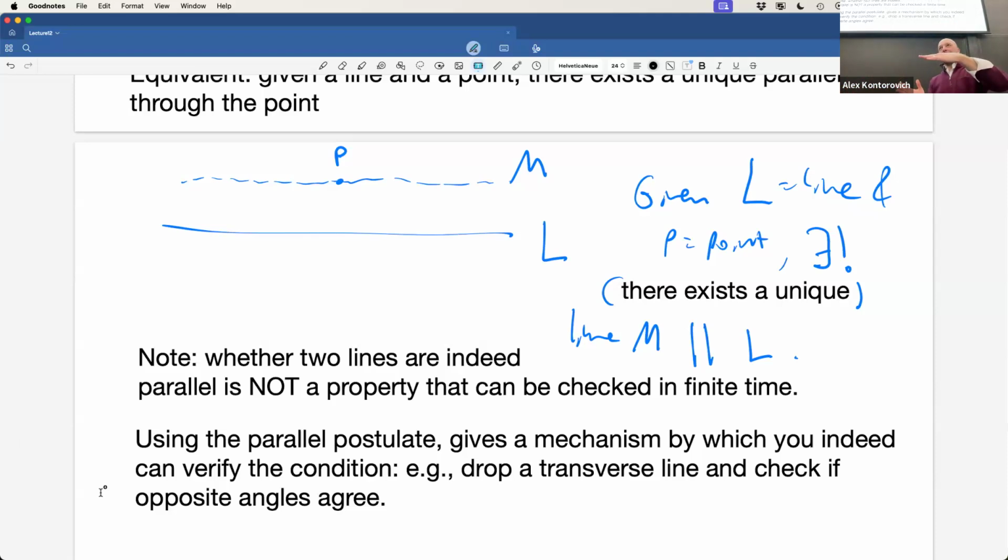But even the original statement of P5, Euclid's statement, is very subtle. If extended indefinitely, how far is indefinite? Remember the two angles need to sum to less than 180. What if they're 179.99999999999?